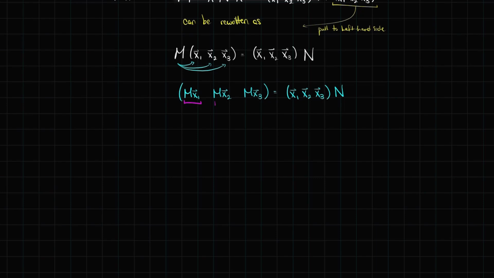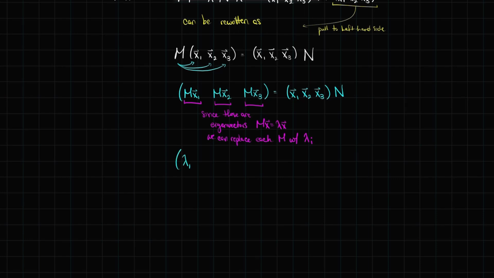Because these were eigenvectors, meaning Mx equals lambda x, we can replace each Mx with lambda x, so lambda 1, lambda 2, lambda 3.